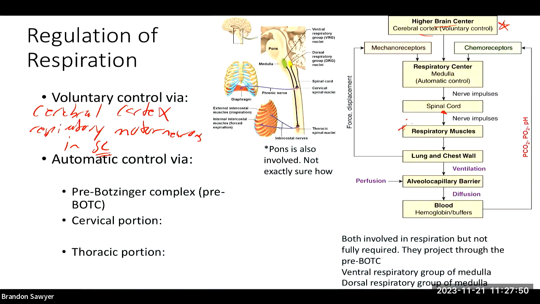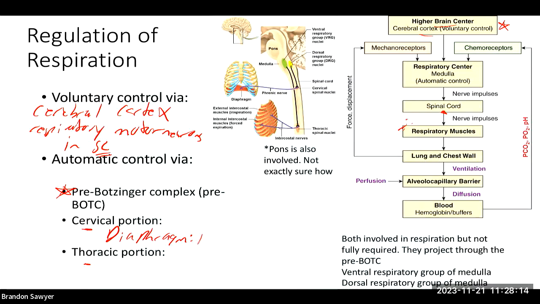Okay, so there's two main parts, the cervical portion and then the thoracic portion, and then this pre-Botzinger complex. The cervical portion is what controls the diaphragm. Which nerve controls the diaphragm?